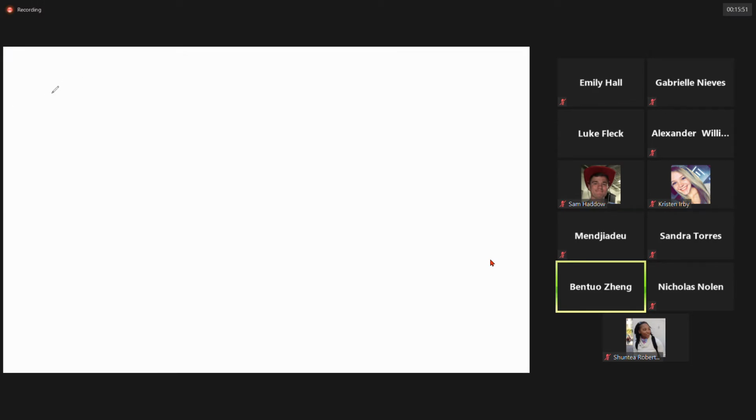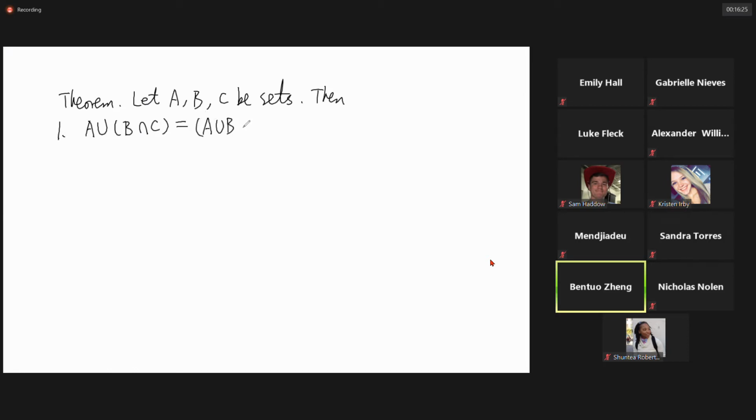Okay, so the first problem is a theorem. Let A, B, C be sets. Then we want to prove two things. The first one is A union (B intersect C) is equal to (A union B) intersect (A union C).